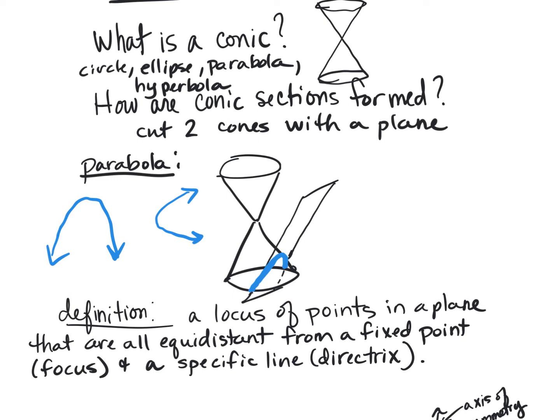Directrix. If the axis of symmetry is x, then the directrix is y. And if the focus is k plus p, then the directrix must be k minus p. See how you can do this without memorizing? So that is negative 3 minus 2, which is negative 5. So it's y equals negative 5.